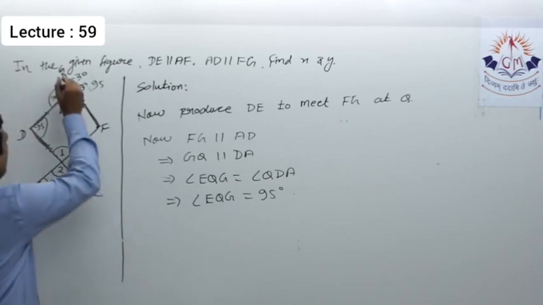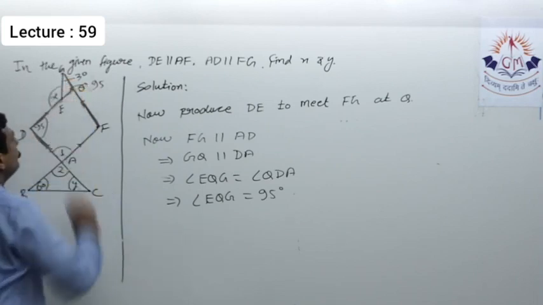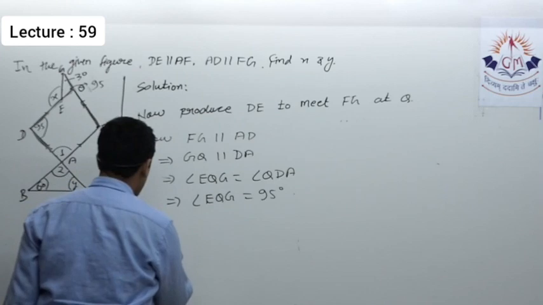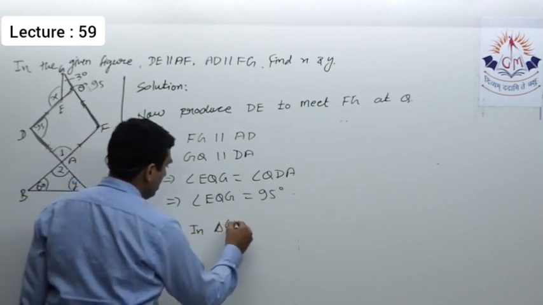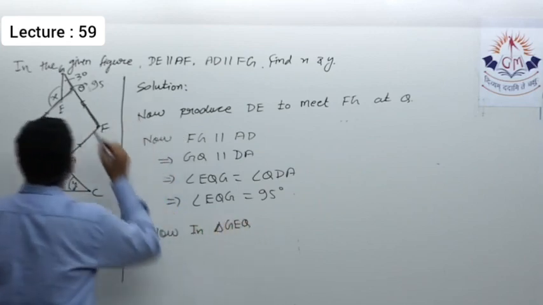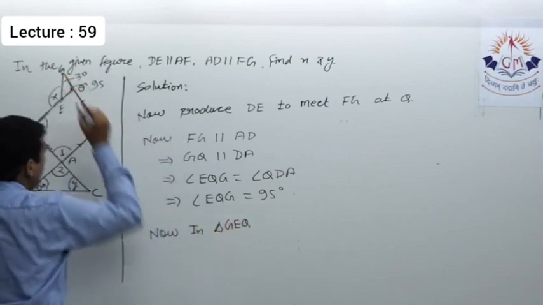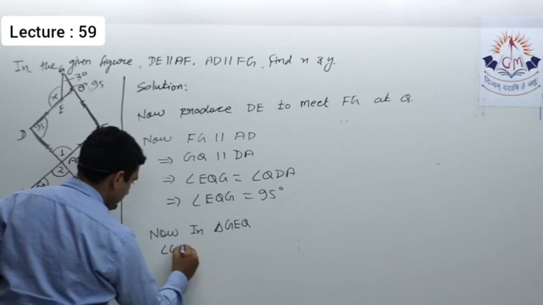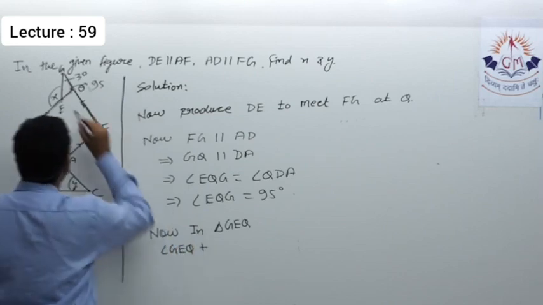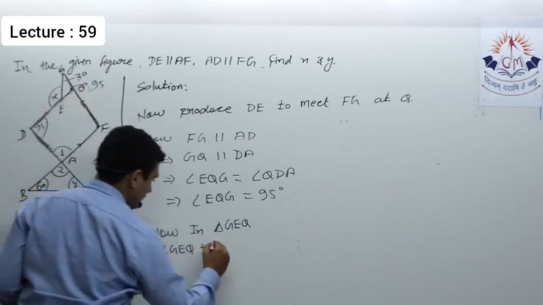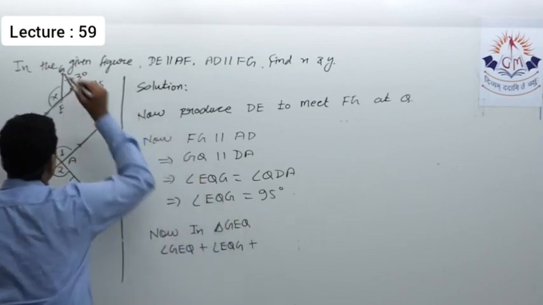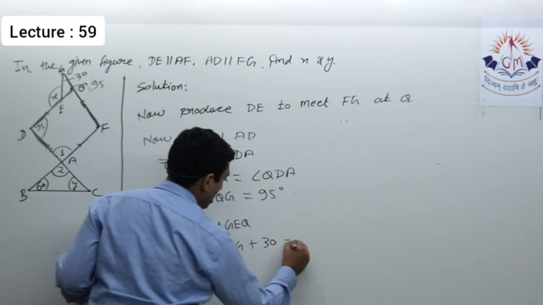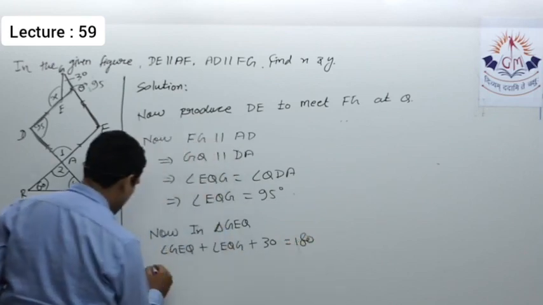Now in triangle GEQ I can write angle GEQ plus angle EQG plus this 30 degrees is equal to 180 degrees.